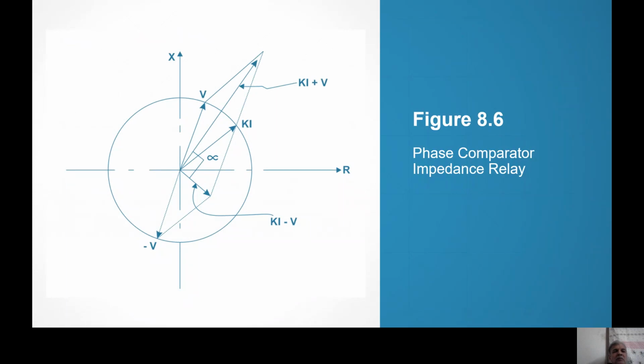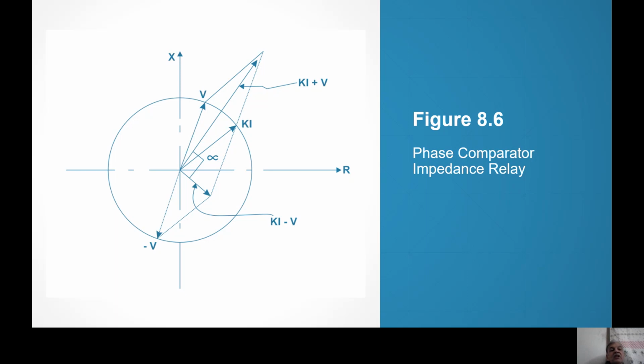So I've got two quantities, Ki and V. We have talked about it. Ki is coming from the current coil CT, because across the CT I have connected impedance K, which is a replica impedance of the line which I want to protect.